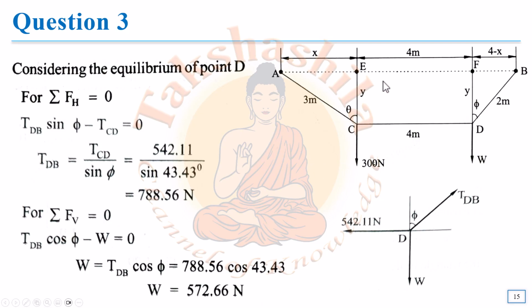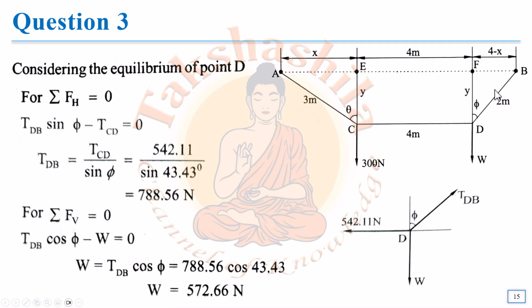For this, you have to understand we have taken a different step in which we assumed this length as x. This was 4 meters, this was 4 minus x, and we took the height as y units. Then we considered this triangle, applied the Pythagoras theorem, and found an equation for y square.